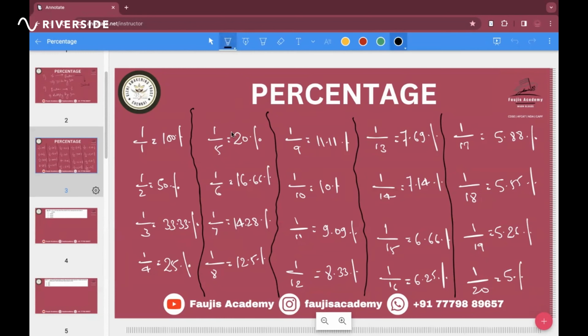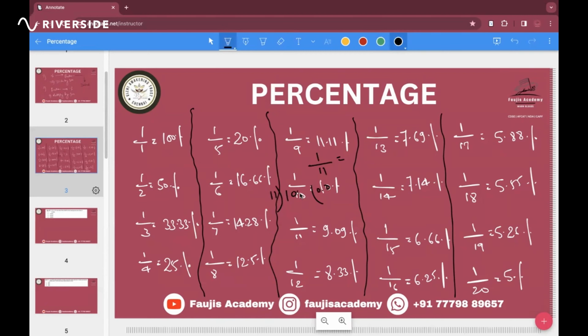Let's say you picked up 1 by 11. So calculate it. If you go this way, okay; if you don't go this way, it's completely fine.